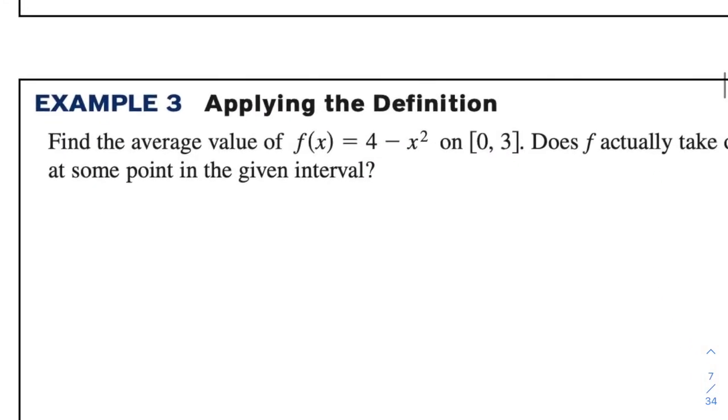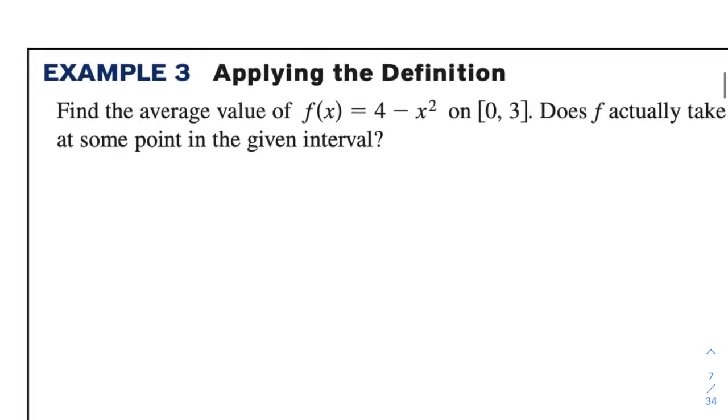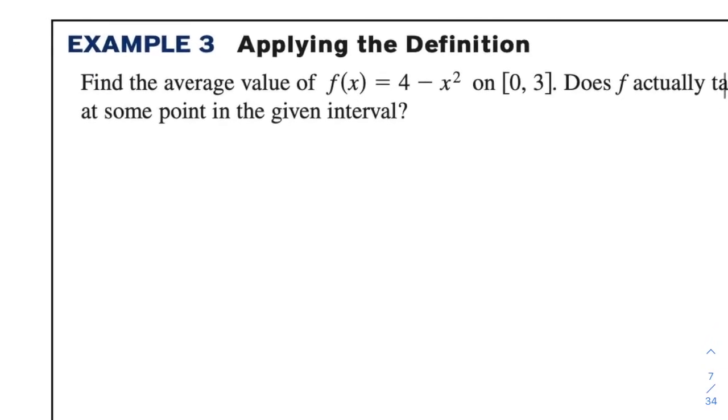So applying the definition, I'm going to go from 0 to 3 of 4 minus x squared dx.